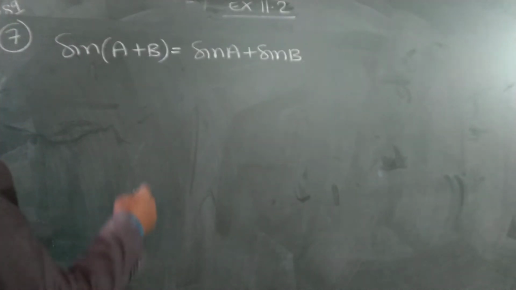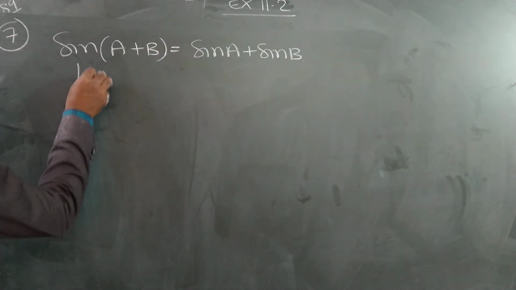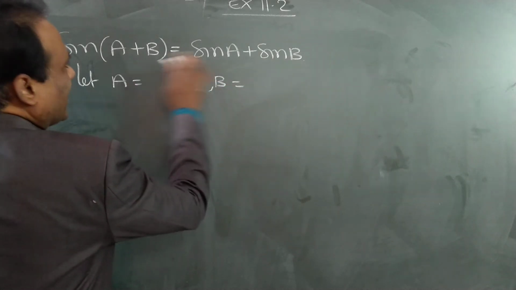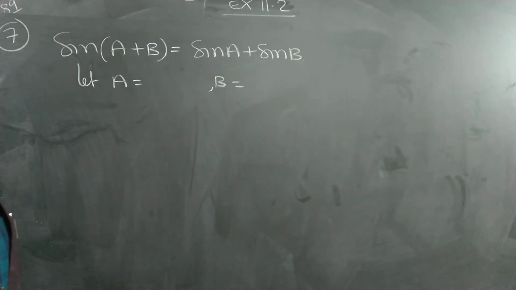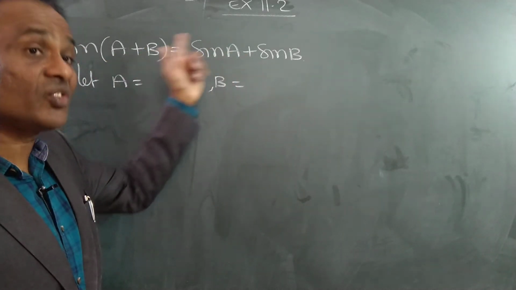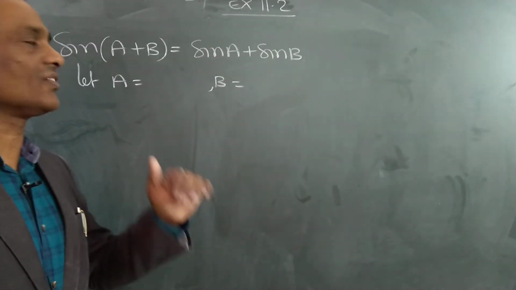See here. I am taking A as some angle and B as some angle, and I will substitute on both sides. Let us verify whether this statement is true or false.